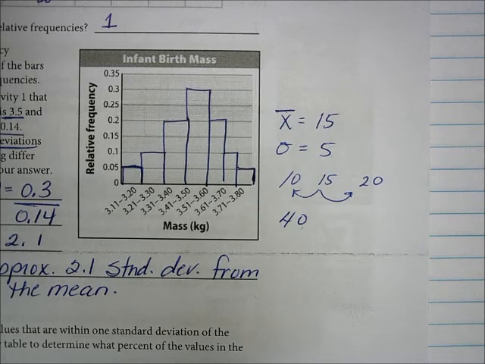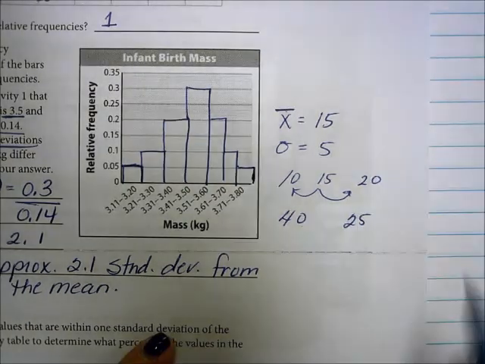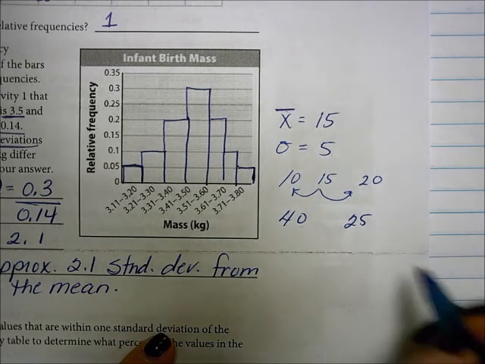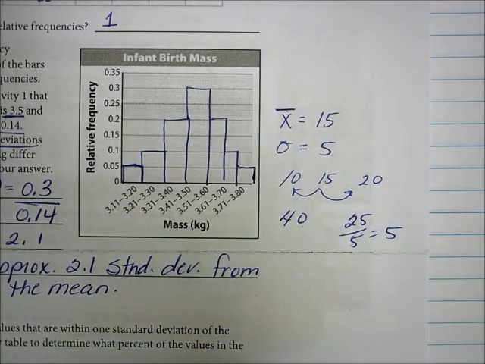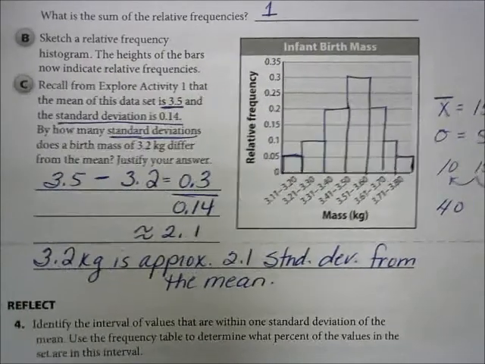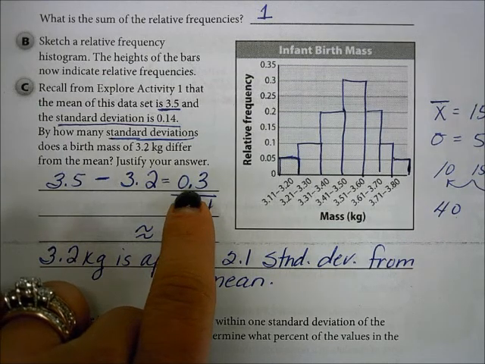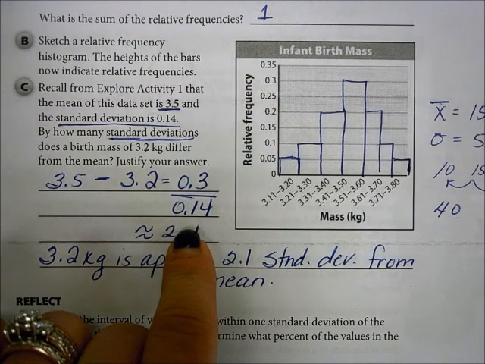That's what, 25 away? But the standard deviation is 5. So if it's 25 away, and I want to know how many standard deviations that is, it's 5 standard deviations away, right? That's exactly what I did here.